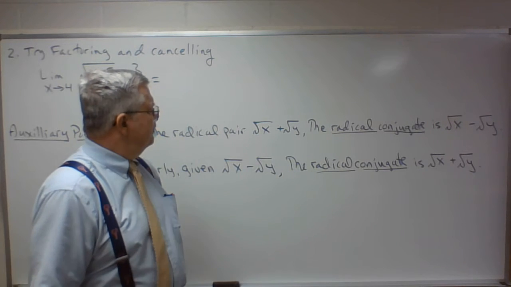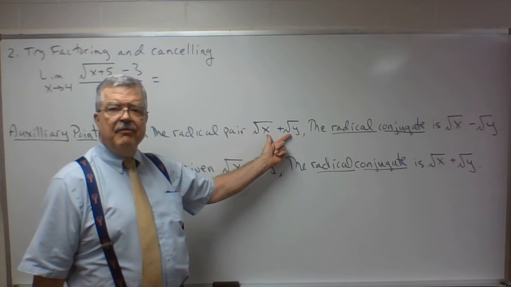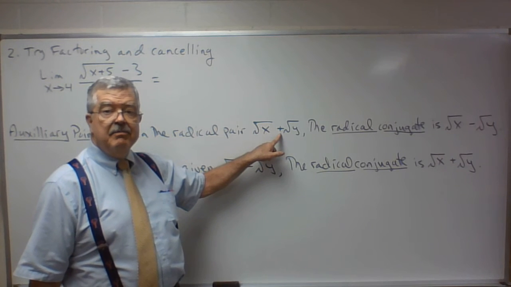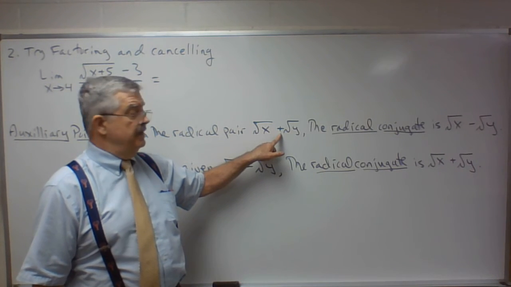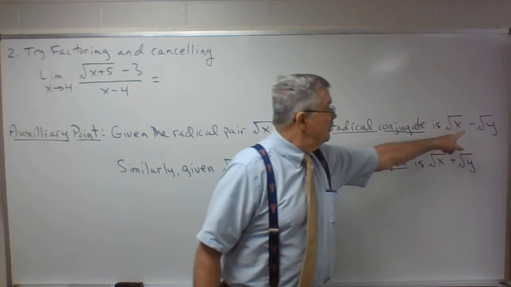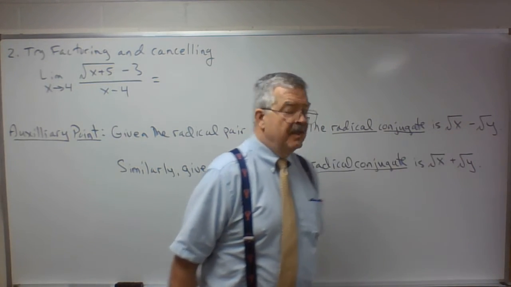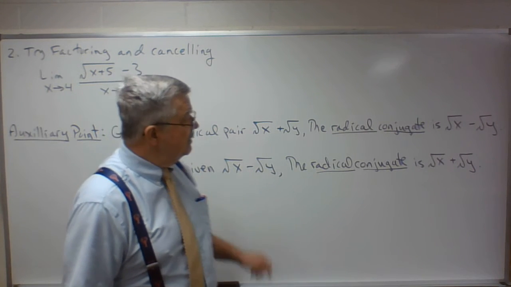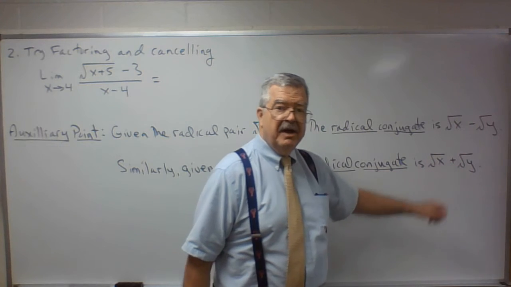So if we have a radical pair, how do we form the conjugate? We just take the sign that's in between and change the sign. If there's a plus sign in between, we make it a minus sign. If there's a minus sign in between, we make it a plus sign.